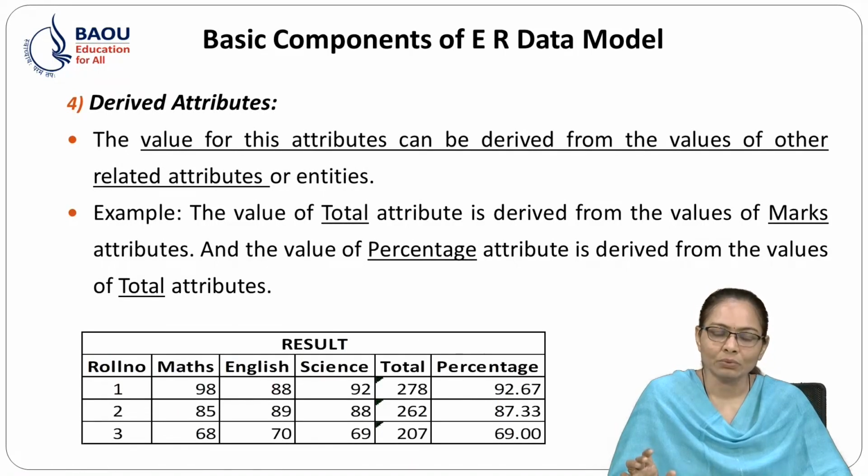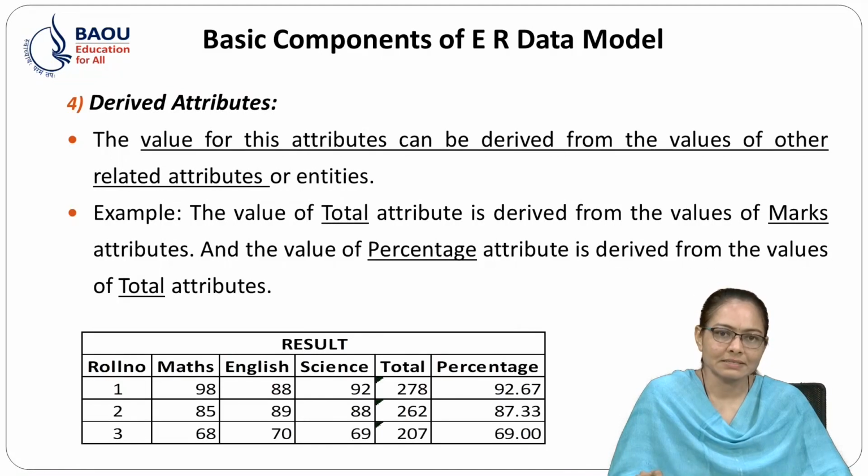The value of the total attribute is derived from the marks of all these subjects. Maths, English, science marks are derived into a total attribute. Same as in the percentage attribute. Percentage attribute values come from the total attribute. So the percentage attribute is derived from the total attribute.